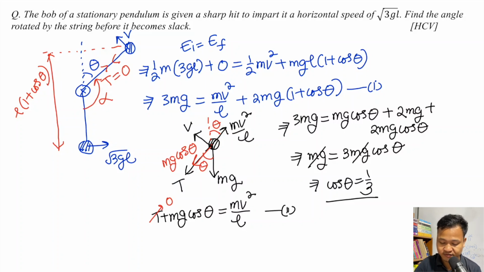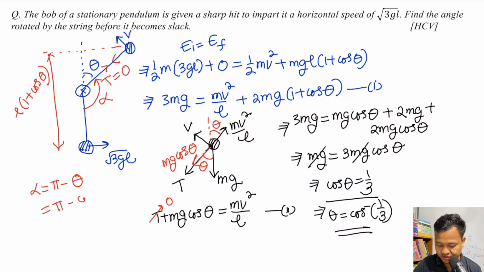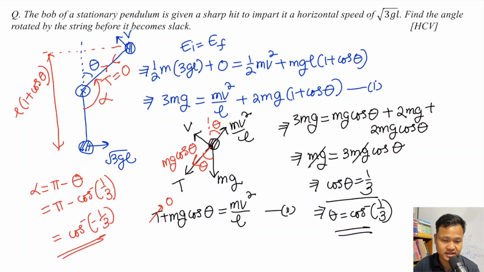Here I can see that alpha is 180 minus theta, where theta is cos inverse of 1 by 3. So alpha is pi minus cos inverse of 1 by 3. If you solve this, it is cos inverse of minus 1 by 3. So this is the answer.